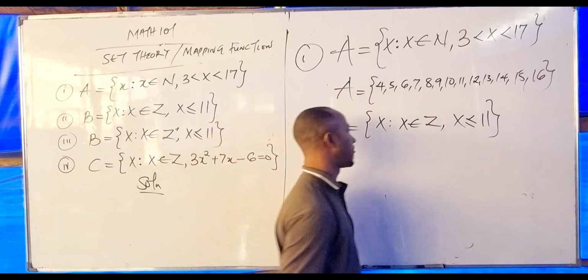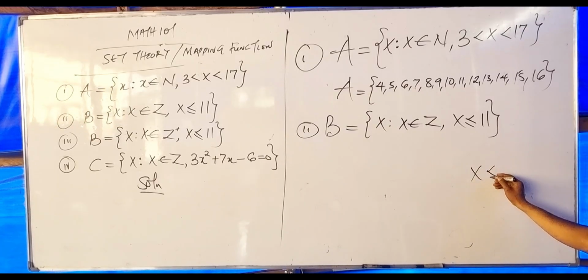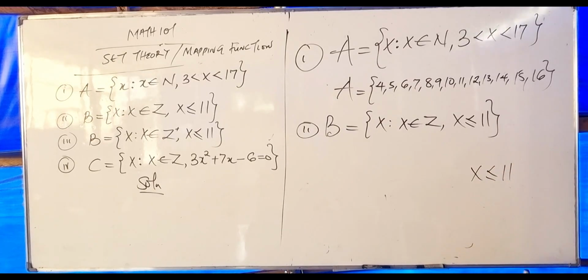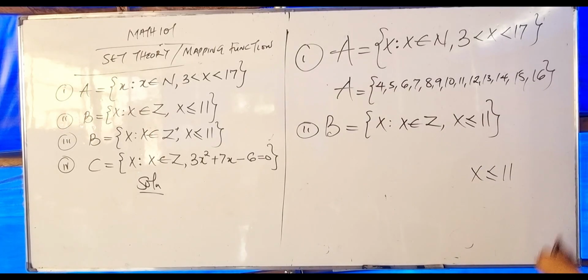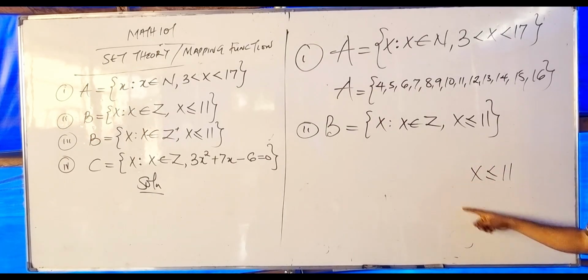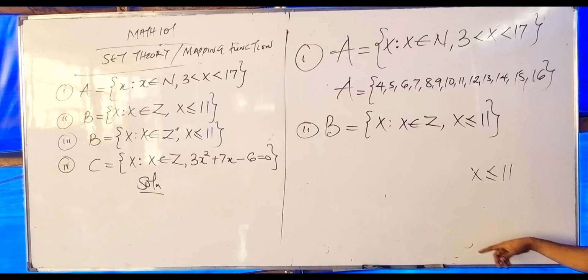Now look at this here. If x is less than or equal to 11, that means 11 is greater than or equal to x. How do we bring out all the elements here? What are the numbers less than 11? 10, 9, 8.